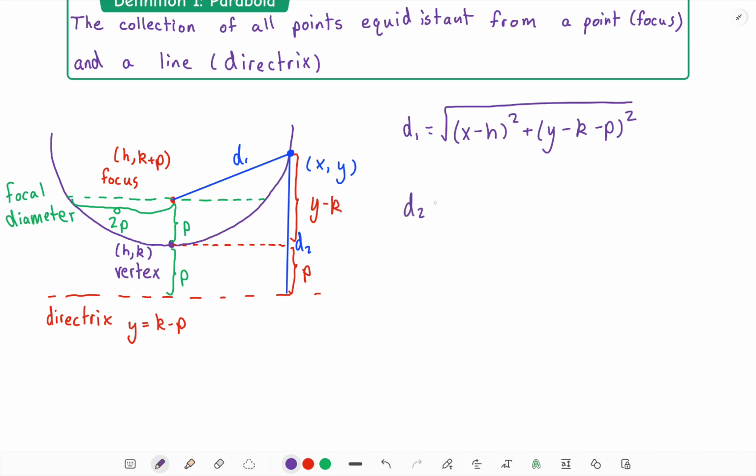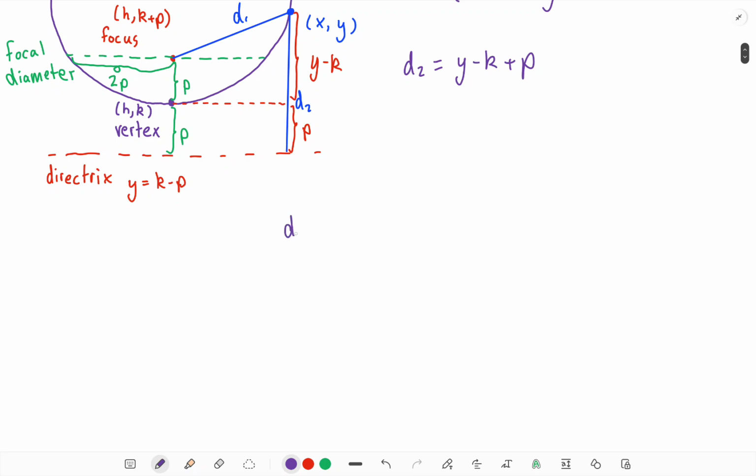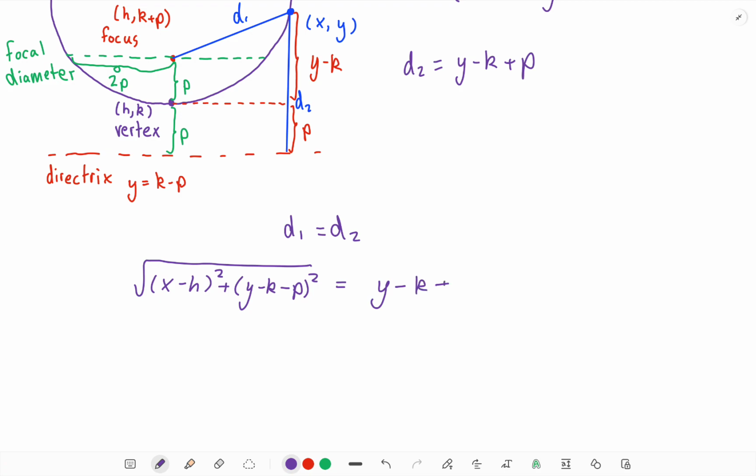So then D2 is equal to y minus k plus p. So then the equation of our parabola is exactly when D1 equals D2. Well, if I write that out, we get the square root of x minus h squared plus y minus k minus p squared equals y minus k plus p.